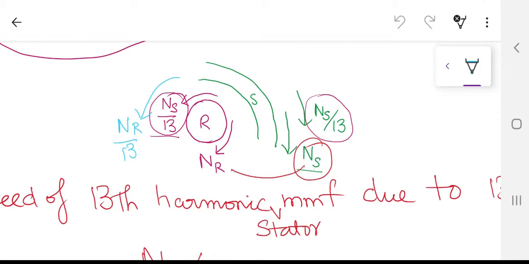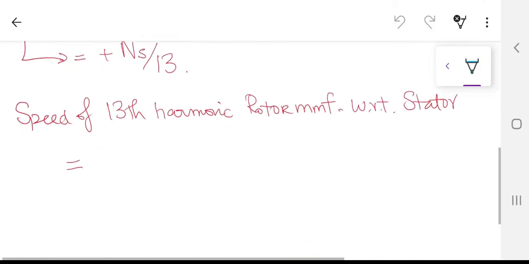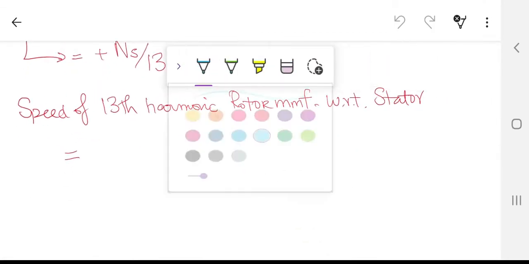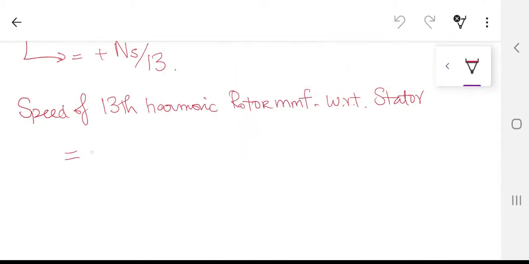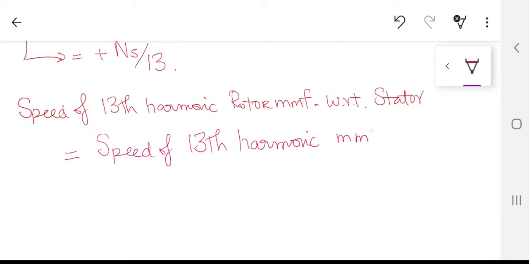So if I want to find out the speed of the 13th harmonic with respect to the rotor, let me write it down in this form: the speed of the 13th harmonic MMF with respect to rotor. So what is that speed?